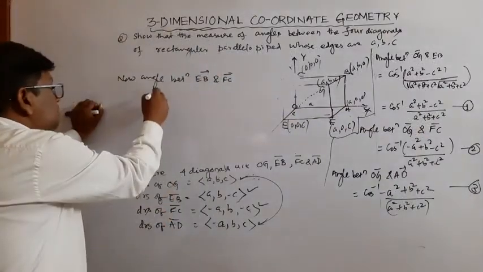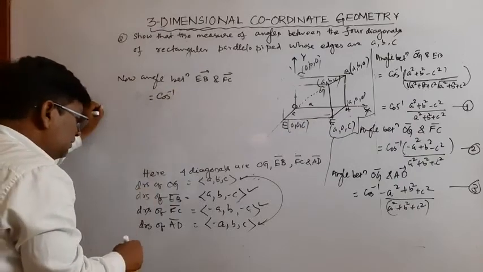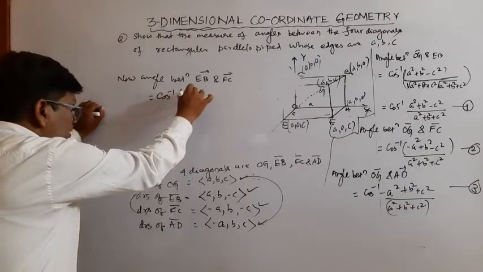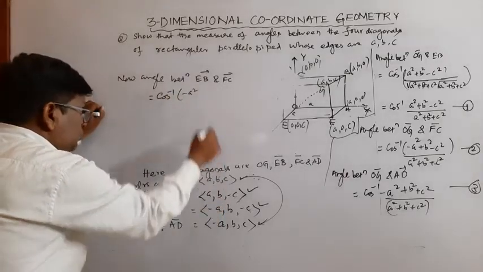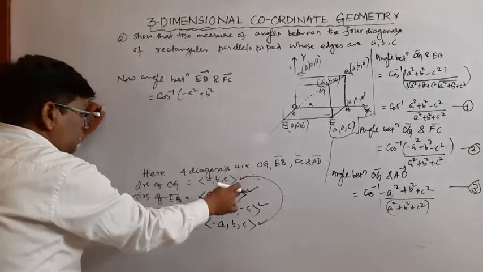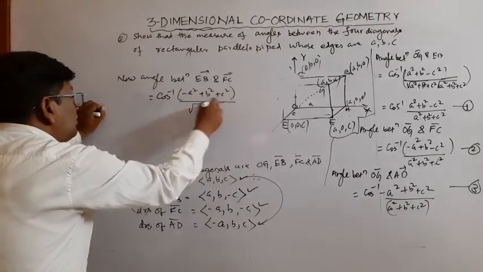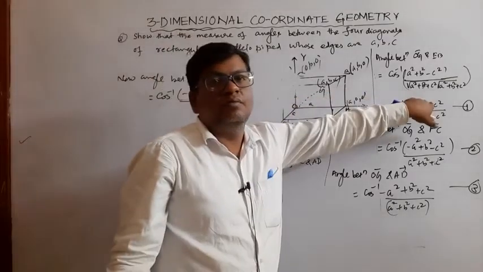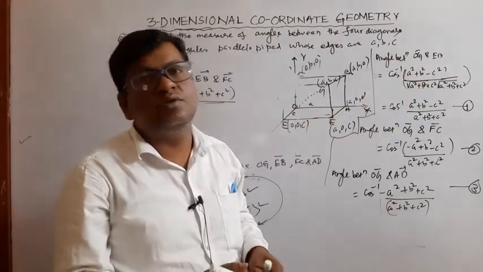So is what? Cos inverse of EB dot FC, this angle EB and FC: A into A minus A square plus B square plus C square, by root over... Here, because root 5 into root 5 is equal to 5, similarly root x into root x is equal to x.